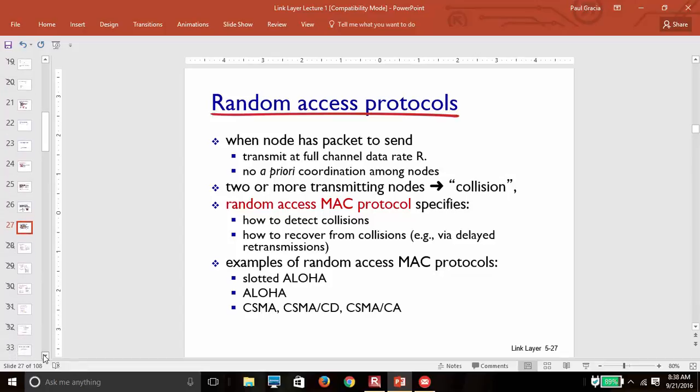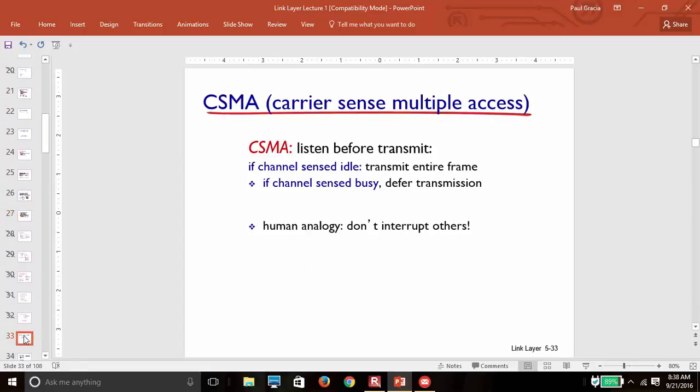So let's move along and talk about what CSMA means. That's carrier sense multiple access. We listen before we transmit. If we sense that the channel is idle, then we transmit the entire frame.